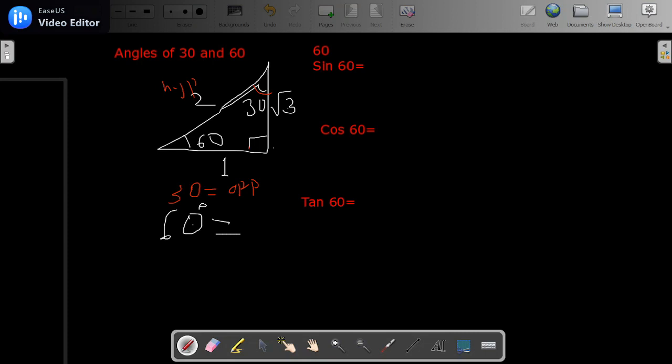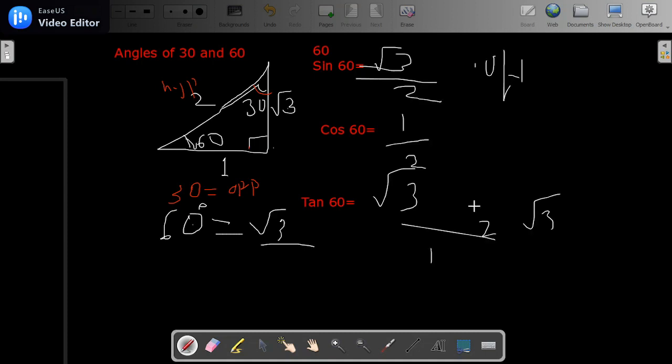Cos 60 is definitely going to be 1 over 2, and tan 60 is root 3 over 1, which is also root 3. We have been able to derive that successfully. That was very simple.